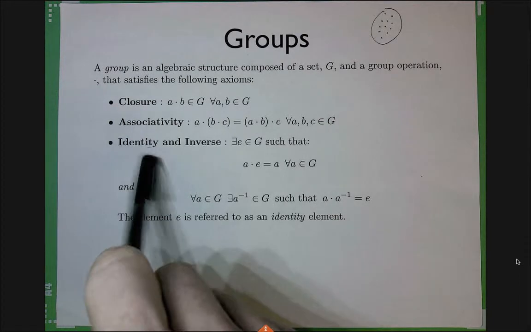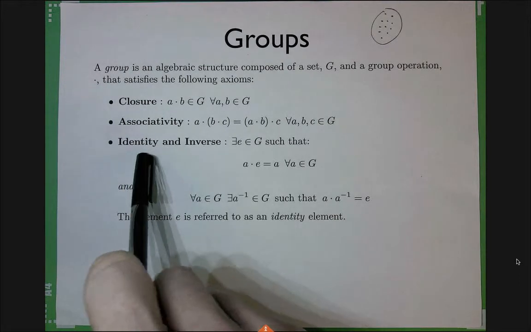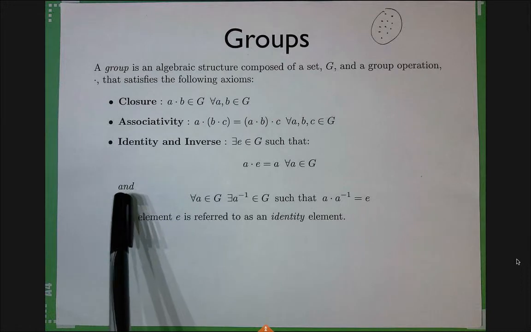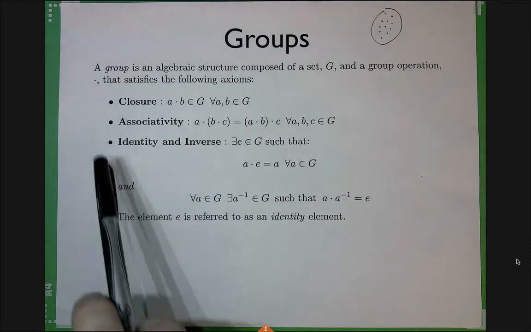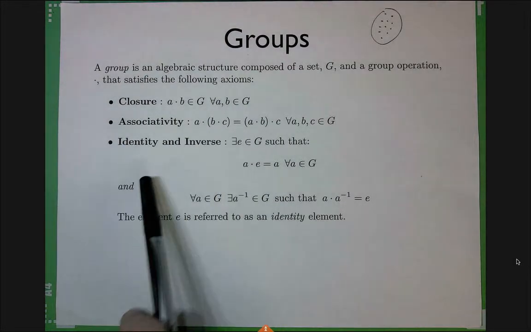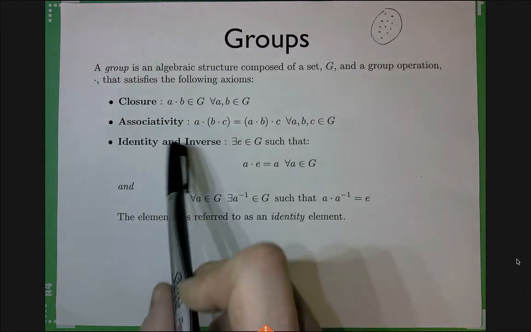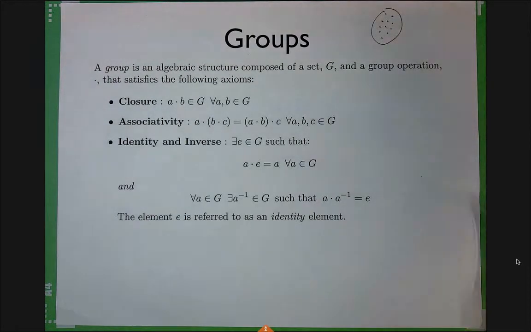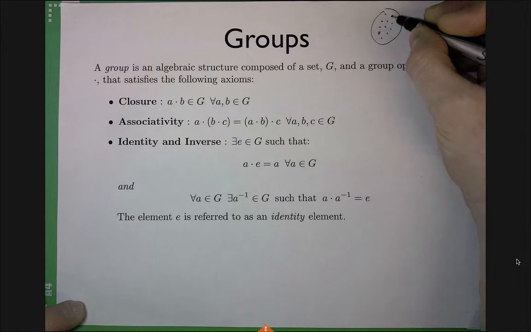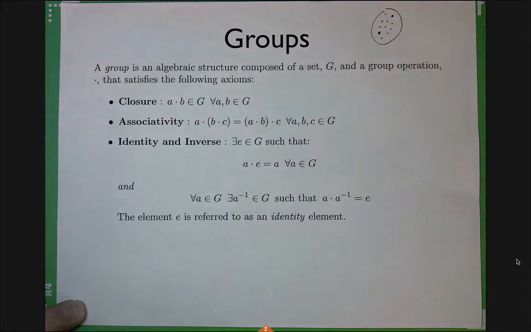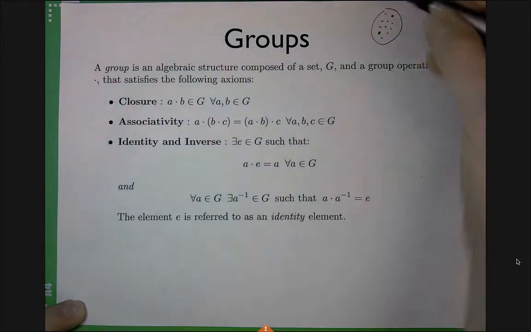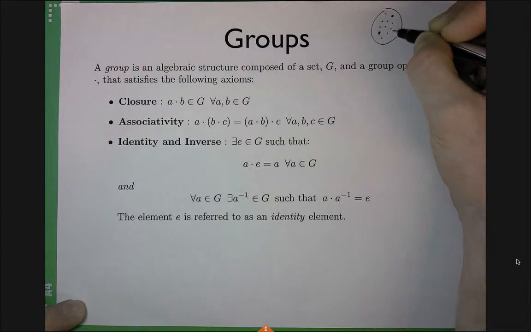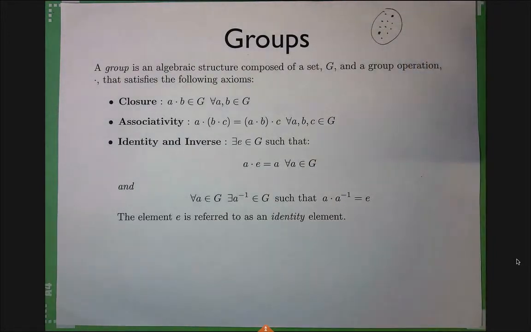Fortunately, here we have just three properties and not 10, like in the case of linear spaces. So let's look at them. All of them are very meaningful and very important. The first one says that if I pick two elements from my group and I do the group operation, then I get another element which is in the group, right? I don't go somewhere outside. That would be weird.